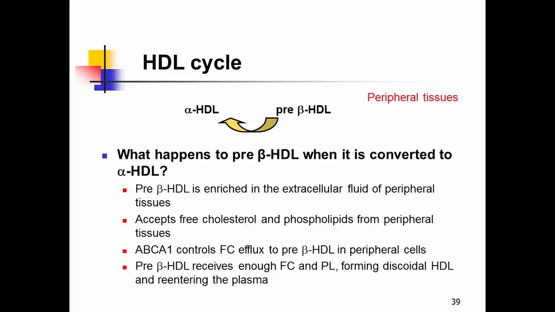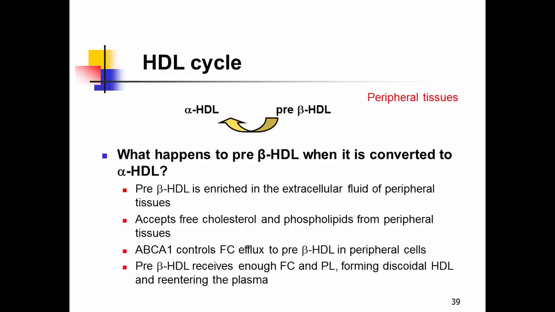So the concentration of beta HDL should be very high in the peripheral tissue, because its function is to go there and pick up the cholesterol from the peripheral tissue. It accepts free cholesterol and phospholipids from peripheral tissues.